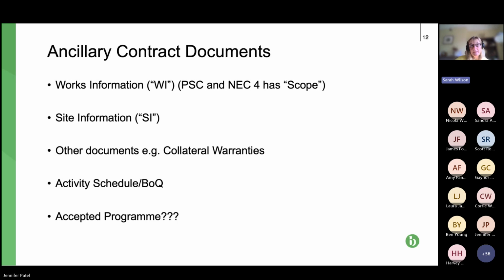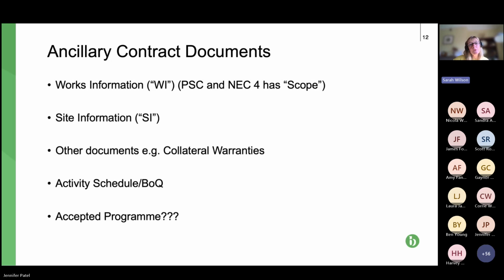We also have site information. That is relevant as to things like the ground conditions and as to the extent to which a contractor might be entitled to more time and money, a compensation event, if those conditions in the site information prove to be different once the contractor's on site.